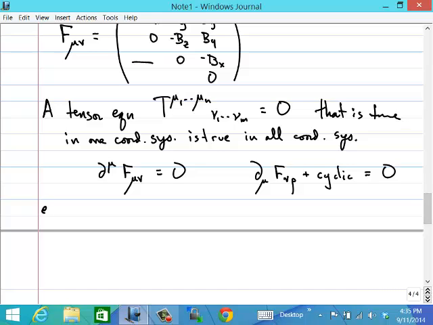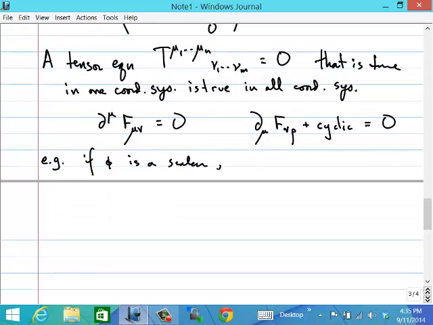A second example of an equation of motion that would be invariant under the laws of special relativity would be the equation of motion for a scalar. For example, if phi is a scalar, then the Klein-Gordon equation, box phi is equal to 0, is a tensor equation, so it's consistent with the symmetries of special relativity.